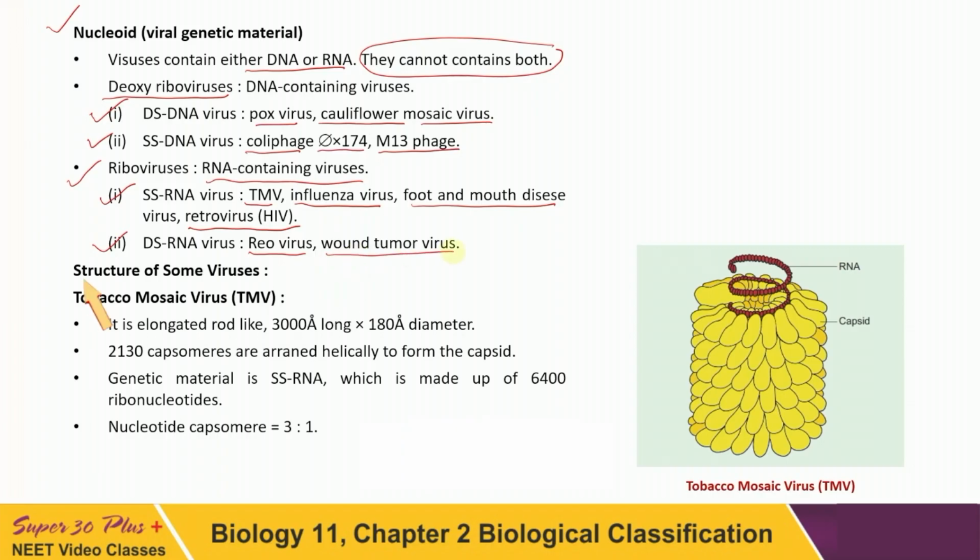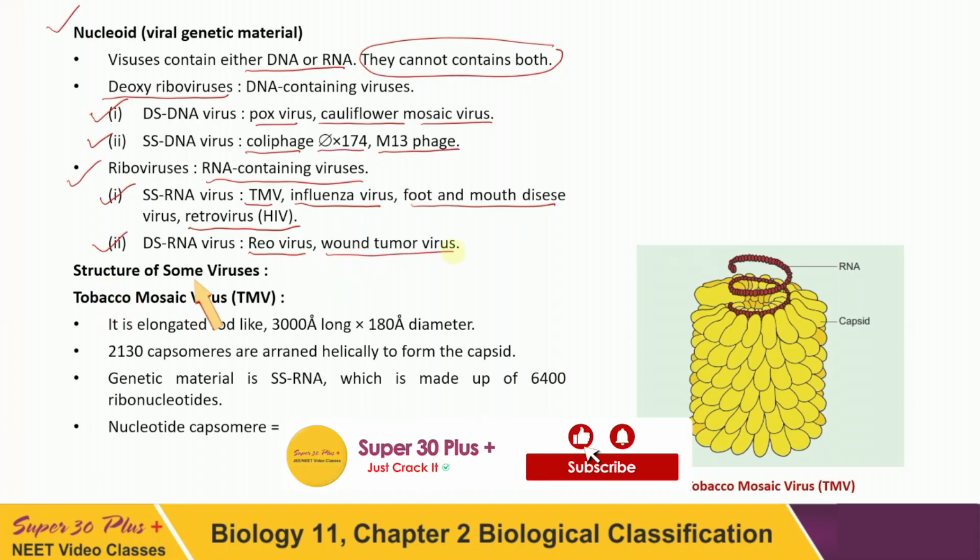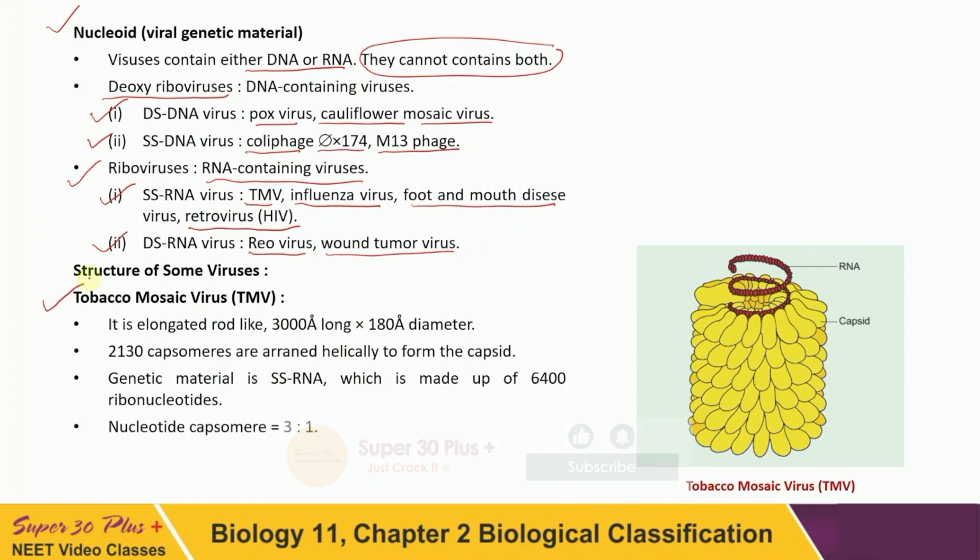Now we have to see the structure of some typical viruses which are given in NCERT. One is the TMV, tobacco mosaic virus. You are seeing the diagram of TMV. This is rod-shaped. The length is about 300 nm and the diameter is 180 nm.